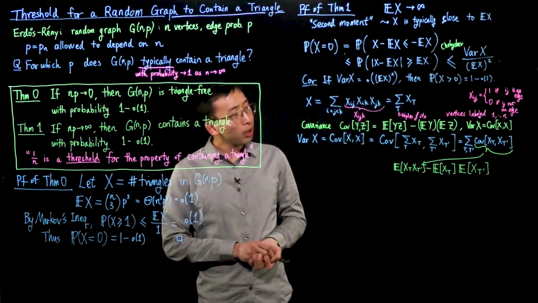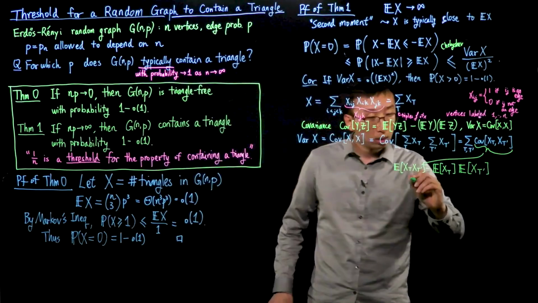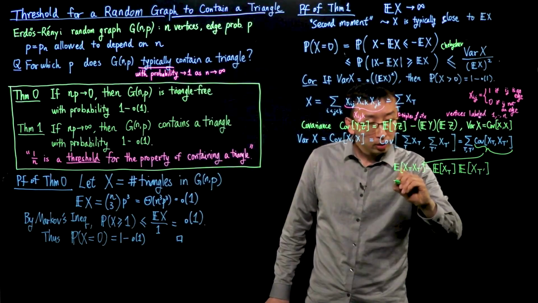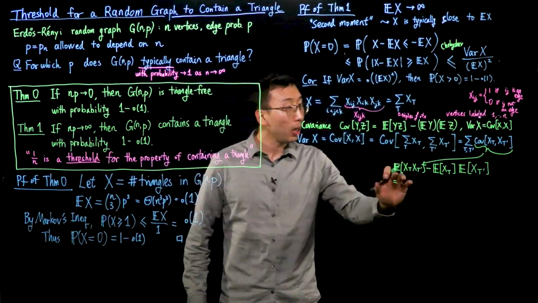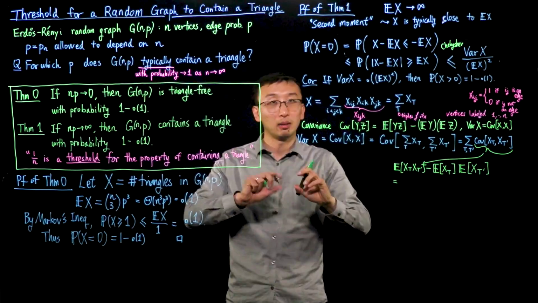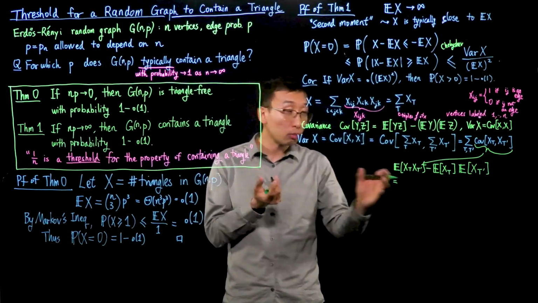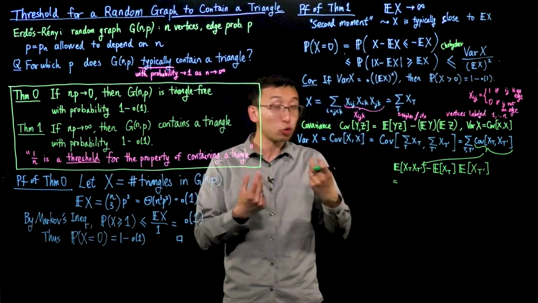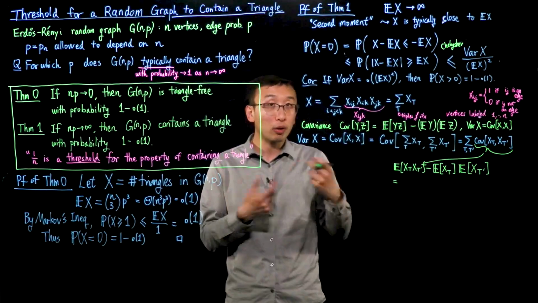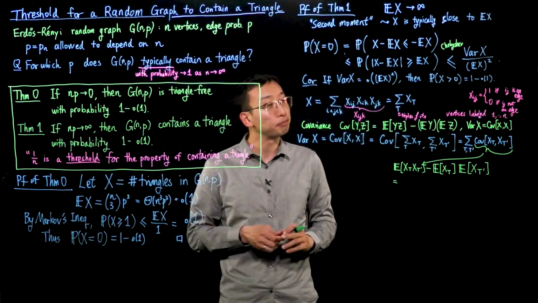There are a few cases that we need to consider. T and T prime are two triples of vertices, and they could be in various positions. The corresponding triangles could be disjoint, or they could overlap. And we need to consider all of those possibilities.